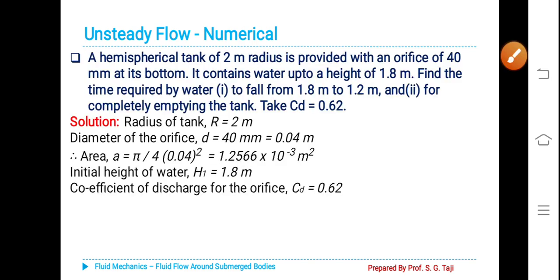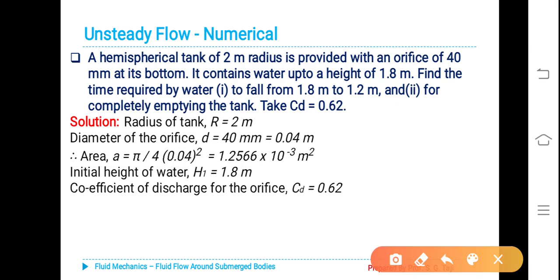Next problem. A hemispherical tank. In the previous problem, area was constant, circular. Now, area is different, variable. A hemispherical tank of 2 meter radius is provided with an orifice of 40 millimeter at its bottom. It contains water up to a height of 1.8 meter.